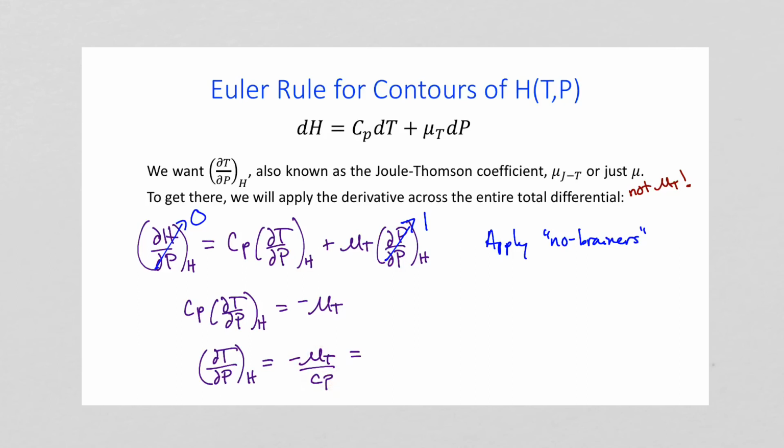Mu sub T is essentially just (dH/dP) at constant T, and our Cp is (dH/dT) at constant P. Just to finish it up, we know that that is equal to our Joule-Thomson coefficient.